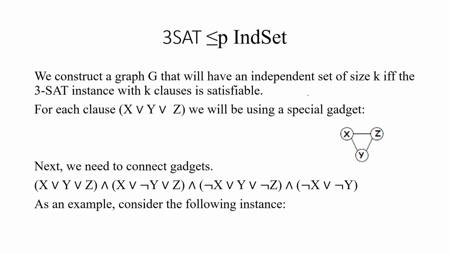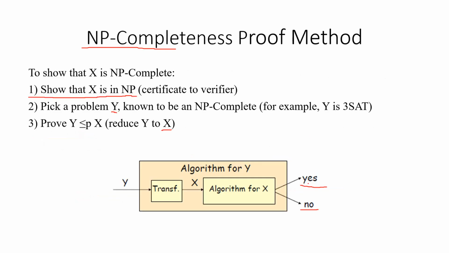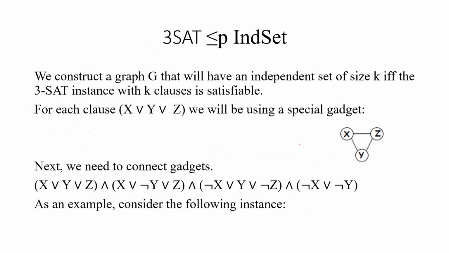We construct some graph G, and actually we change the definition of the problem, because if you remember, we need to convert the problem into a decision problem where we have yes or no. So we change the definition a little bit, and we say that we have some kind of graph.